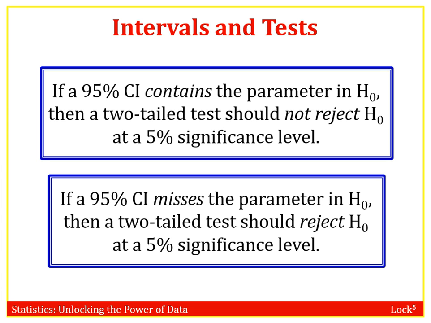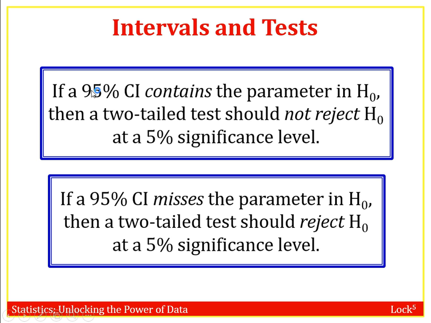So, what is the link between confidence intervals and hypothesis tests? If we have a 95% confidence interval and our parameter, meaning our null hypothesis, is within that 95% interval, then our two-tail test, meaning the not equal to, would not reject the null hypothesis at a 5% level.